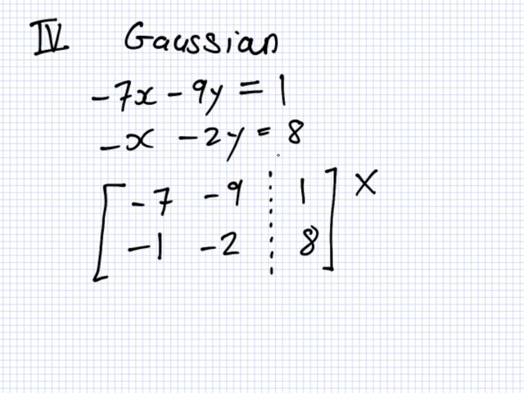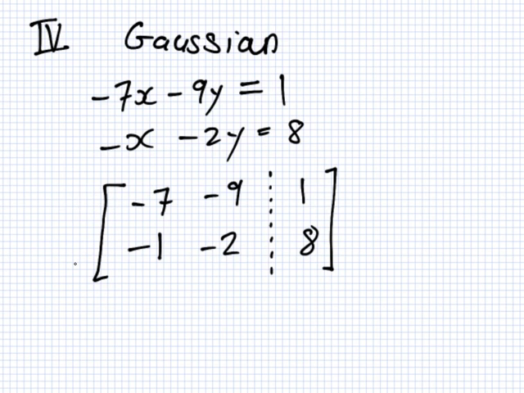And last rule is you can add or subtract 2 rows and then put the answer on either row. So for example, you could do this row plus this row and then put the answer on this one. Let me show you with an example.